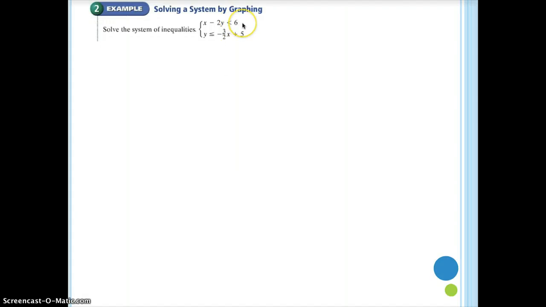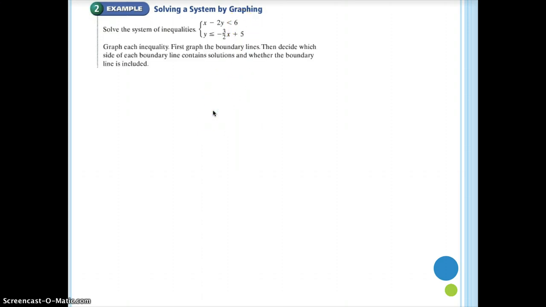All right, so let me show you how generally this is going to work. For the first one, we are going to choose a dashed line here. The second one is going to have a solid line. For this first one, when we solve for y, notice that we have this negative here, so eventually the sign is going to flip, and we'll get y is greater than the rest of it. So for the first line, we'll shade above, and they show you here.